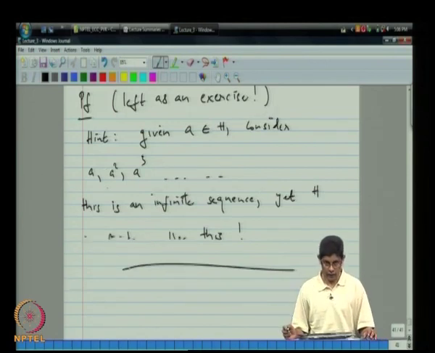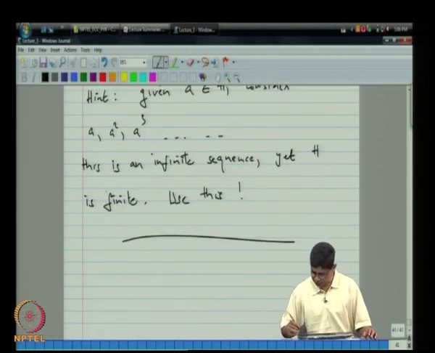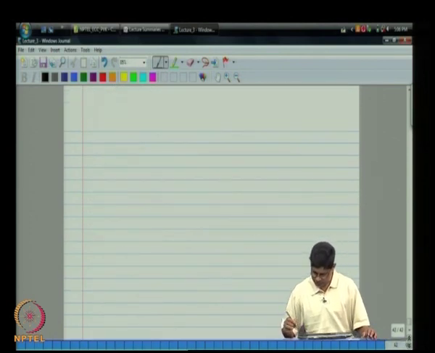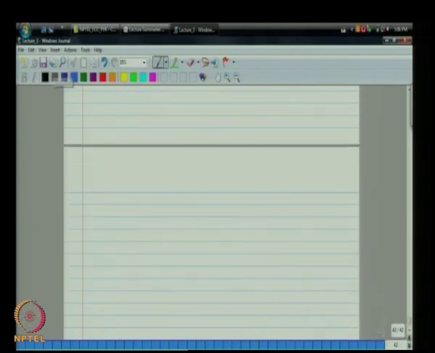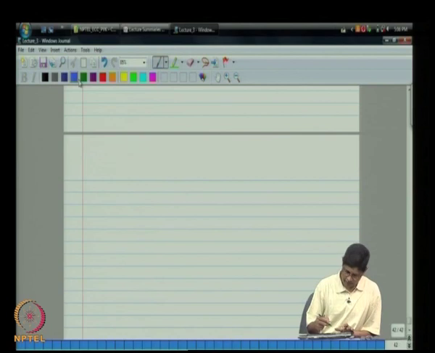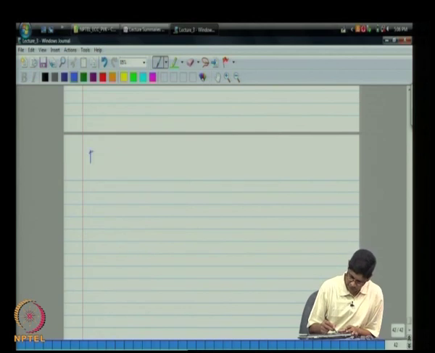Now, we are going to move on to the topic of cosets. We will begin with the notion of an equivalence relation.